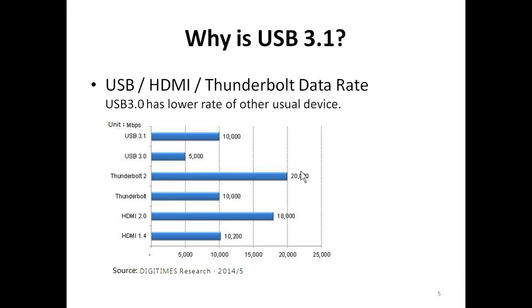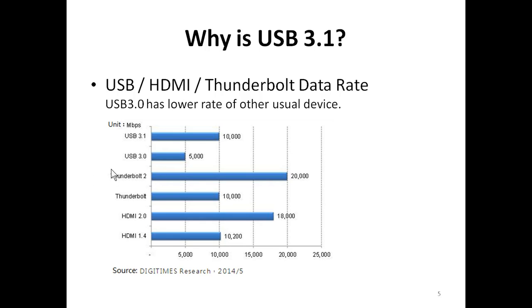So why USB 3.1? If you compare USB with HDMI or Thunderbolt data rates, USB 3.0 has lower data rates than other usual devices. USB 3.0 only has a data rate of 5000 Mbps.